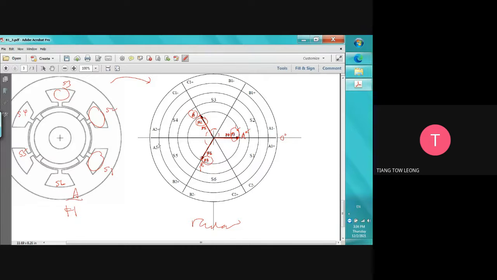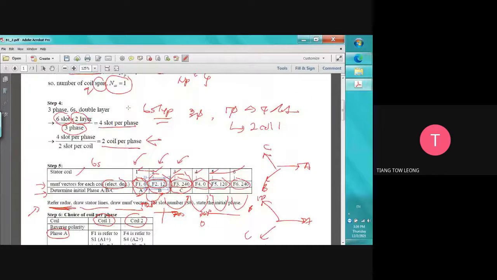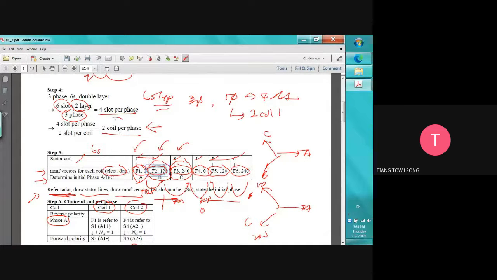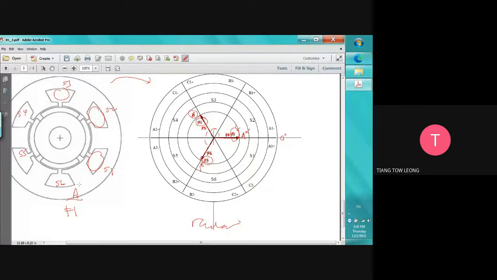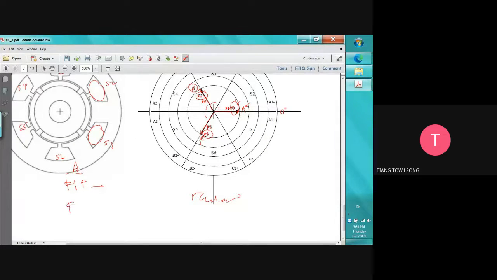We already decided. But the problem is we must have 2 coils, which means 2 MMF. Currently we only have 1, so we need to combine another one. So for example, F1 plus F1 plus. Let's say I delete this one.